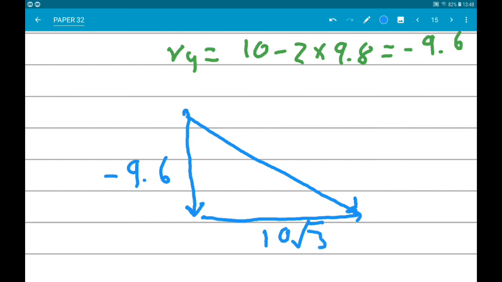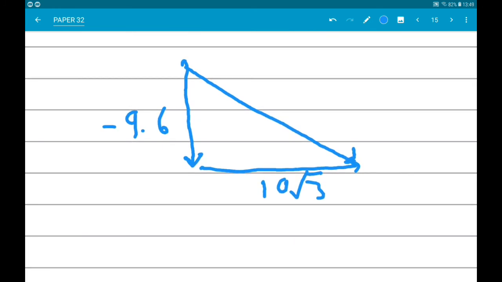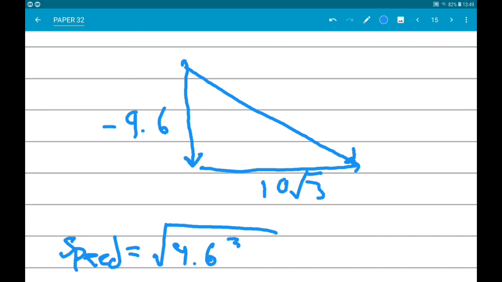Now the speed is the size of this vector. So the speed is the square root of 9.6 squared add 10 root 3 squared, which is 300.